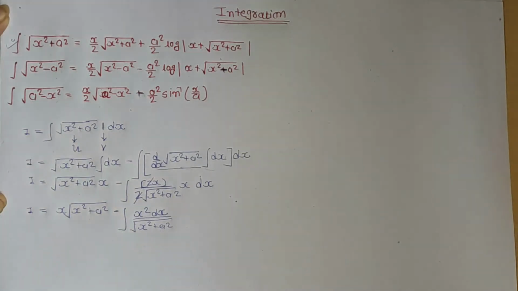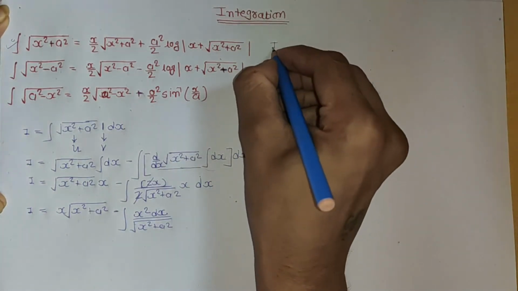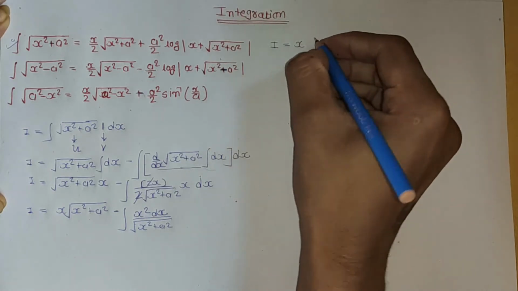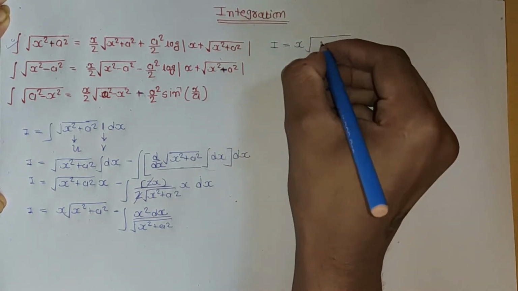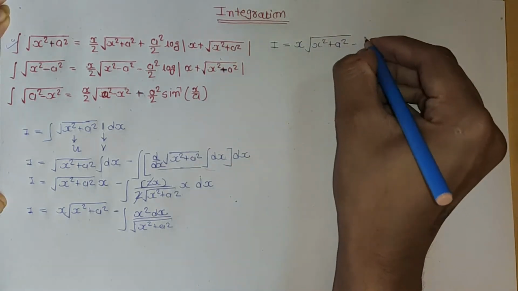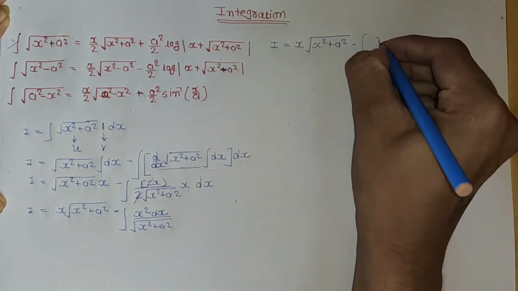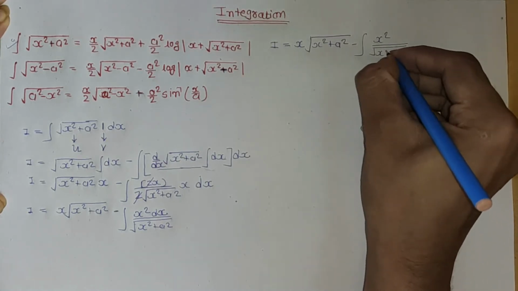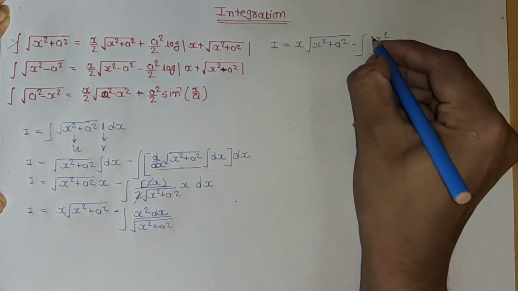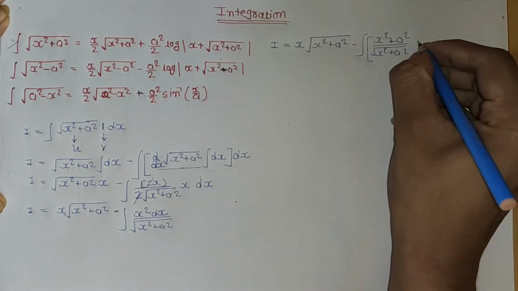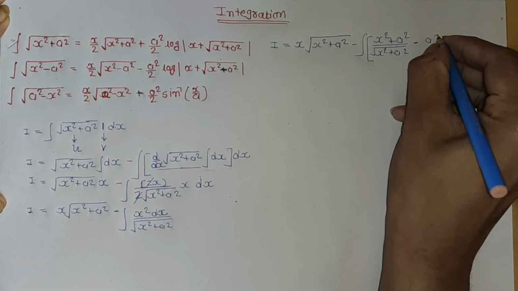Okay, look, I equals x under root x square plus a square minus integration of x square divided by square root x square plus a square. Okay, now I add a square and minus a square.